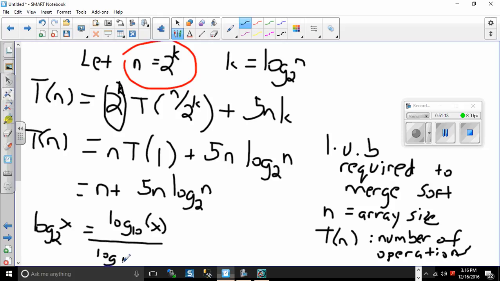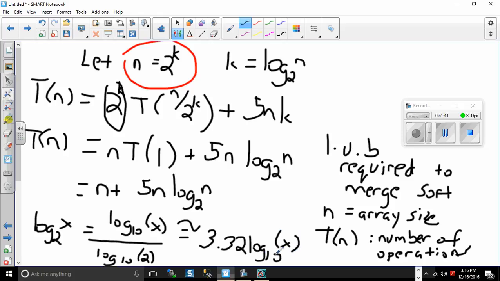So this is how you would calculate log base 2 on your calculator. All right, and 1 over log base 10 of 2, which you can do on your calculator, this turns out to be approximately 3.32 log 10. So now you have a means of calculating the number of operations required to merge sort an array of size 10.